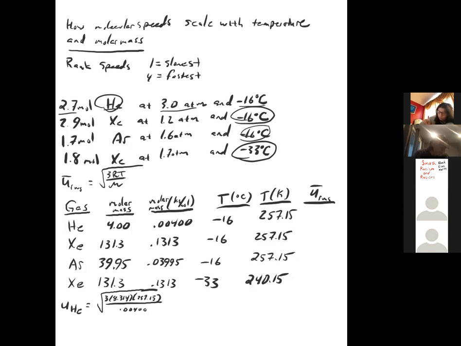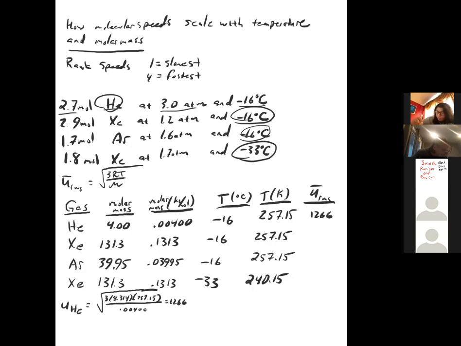You get 1266. So we can put that up here. That one's going to be the fastest. It really is, because even though those are all negative temperatures, -16 is the hottest temperature in there. The only other ones are -33. And helium's the lightest. So it's going to be the fastest. You can tell that one pretty easily.